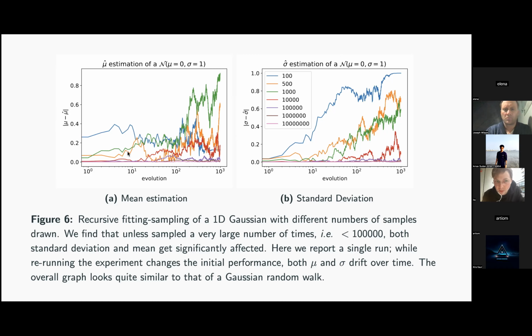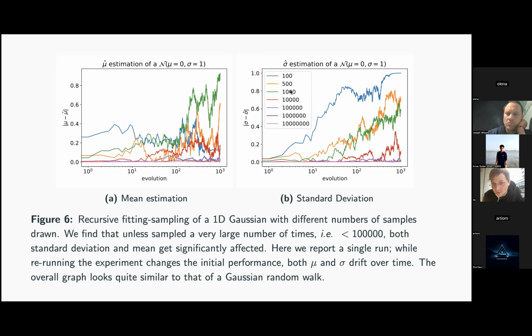In the orange line, we observe that already at the 10th iteration, the error has grown quite a bit. I would guess somewhere by a factor of 1.5 or 2. And then over time, it jumps to a very large number.